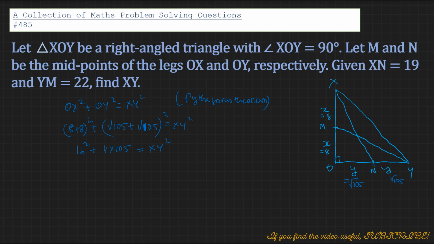So 16 times 16 is 256 plus 105 times 4 is 420, equals 676 is XY square, and therefore XY equals the square root of 676, and that is 26. So therefore XY is 26. So the answer is equal to 26.